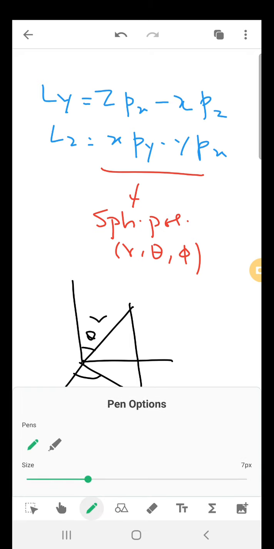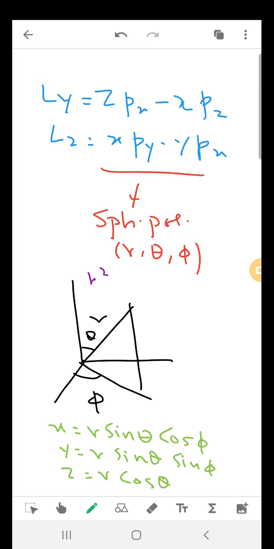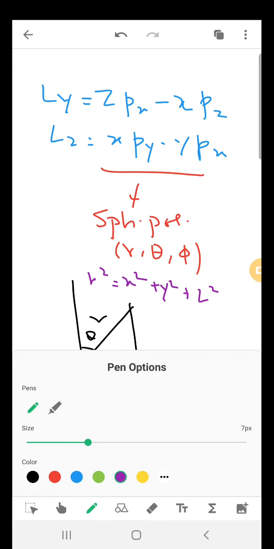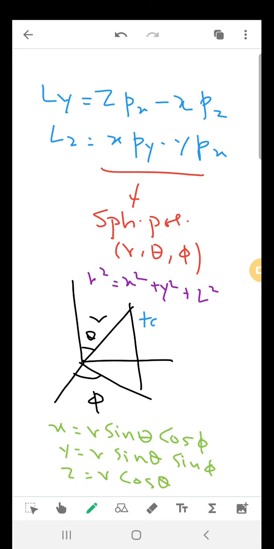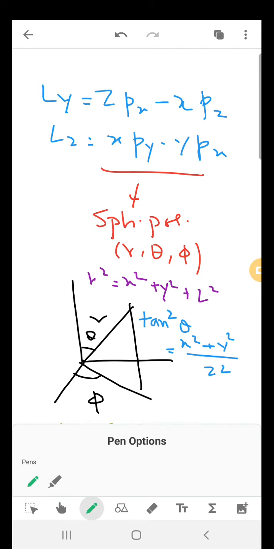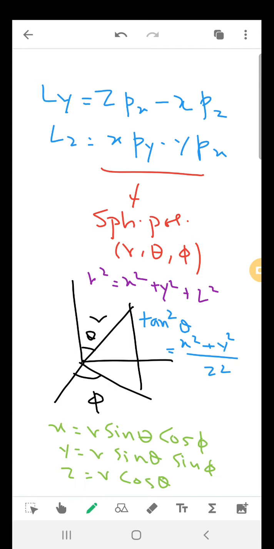Other identities are r squared is equal to x squared plus y squared plus z squared, tan squared theta is equal to x squared plus y squared over z squared, and lastly tan phi is equal to y by x.